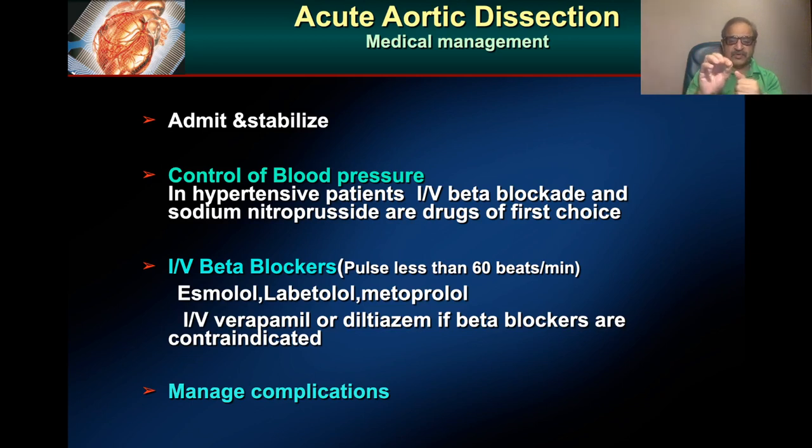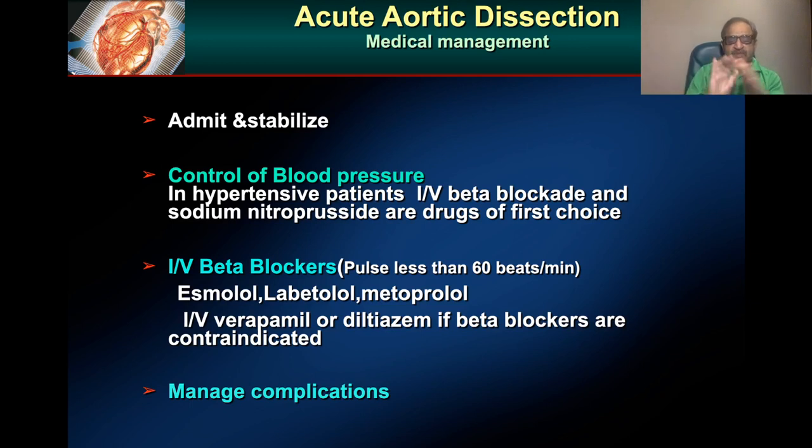So it's very important to immediately start intravenous beta blockers in the form of esmolol, labetalol, which is an alpha and beta blocker, or metoprolol. And if the beta blockers are contraindicated, you can use intravenous verapamil or diltiazem.